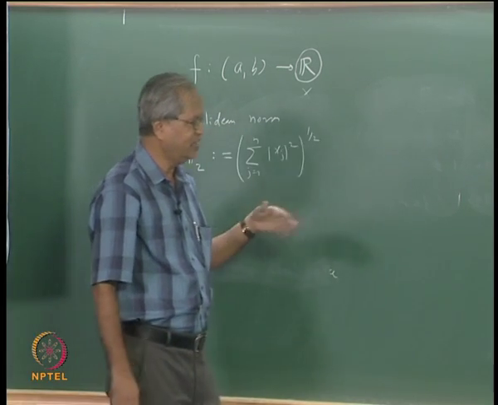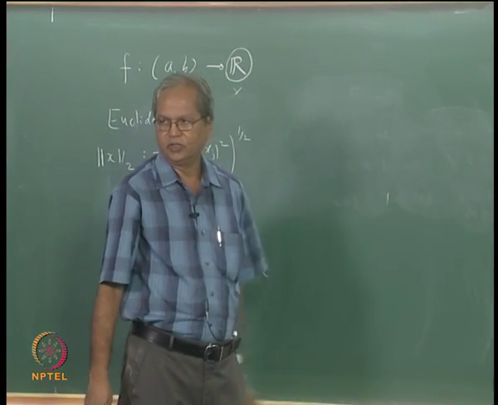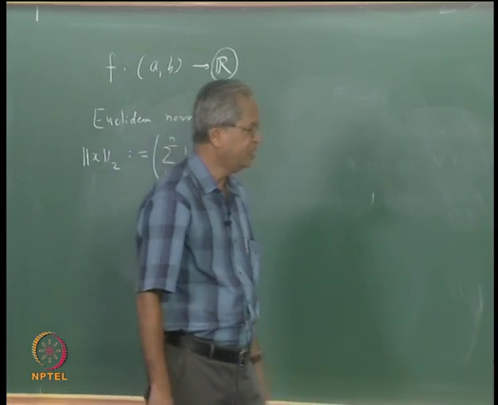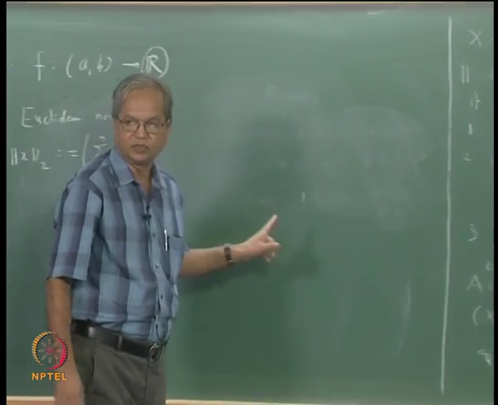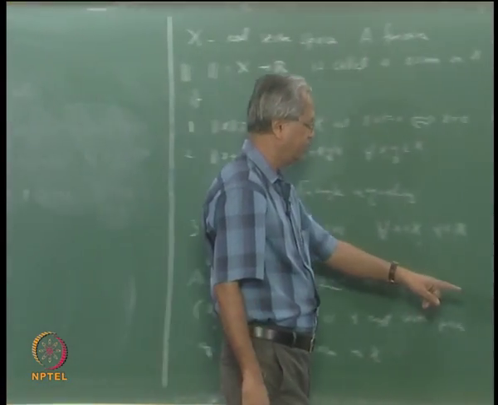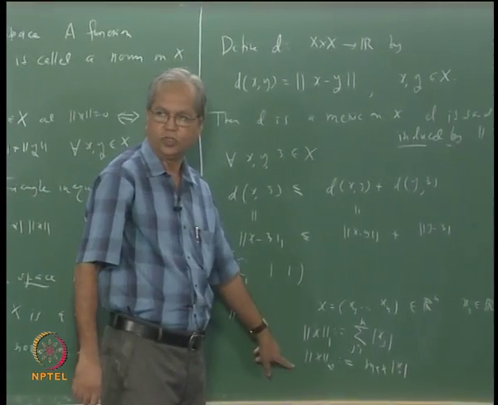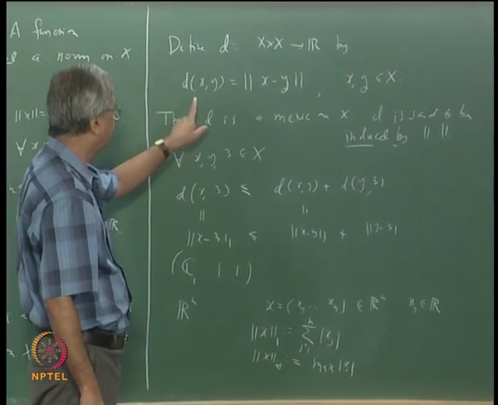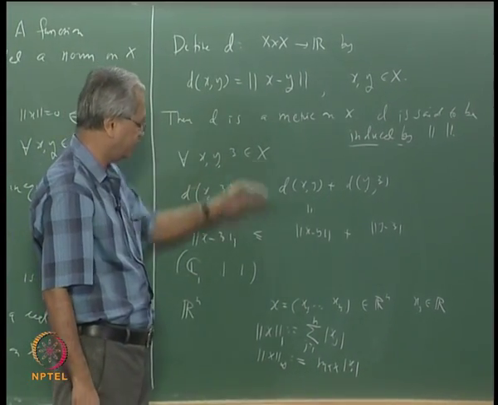So one can define any number of norms on a given vector space, and each of these norms will lead to a metric. If you look at the definition, d(x,y) is nothing but the norm of x minus y.